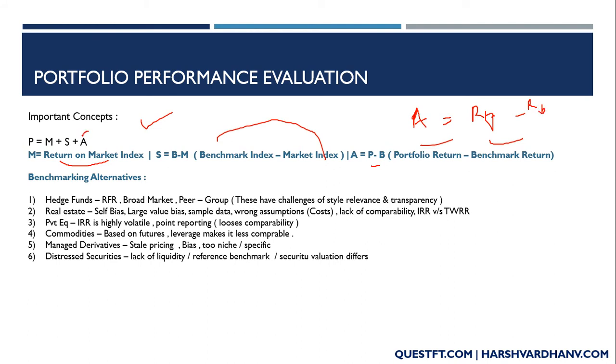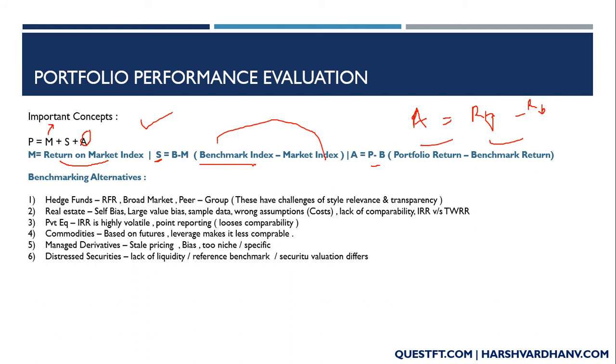So the A term is active return. M is the return on the market index, that is the market data. And what is S? S is the benchmark index minus market index. So what is the P that we are trying to compute over here?